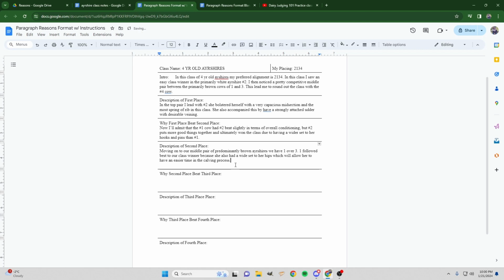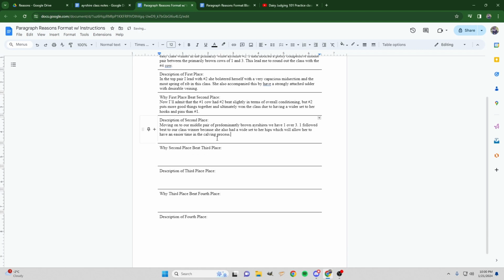Okay? Another really good thing to do is to explain why it's good for her to have a wide set to her hips.